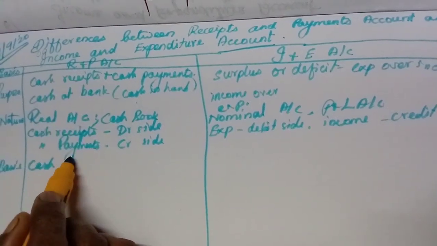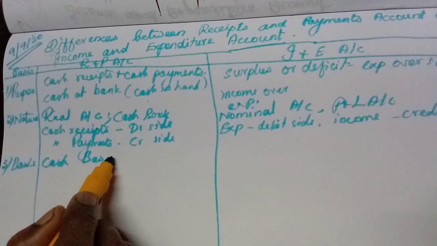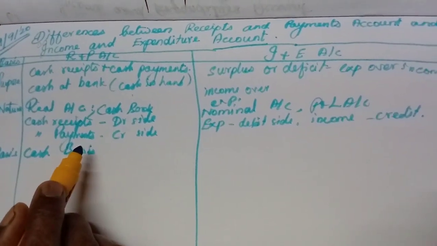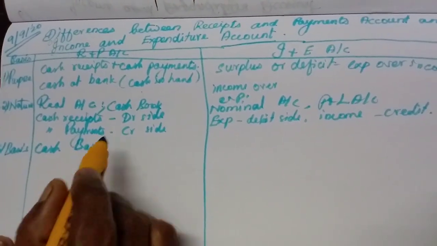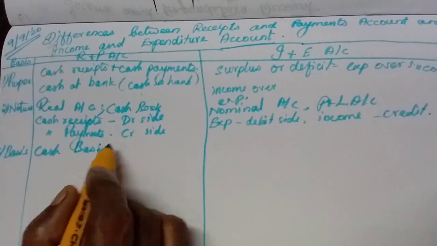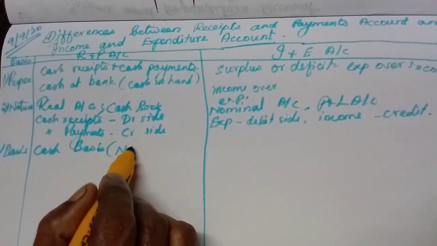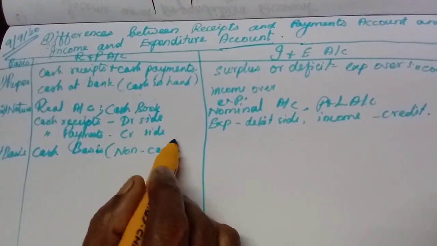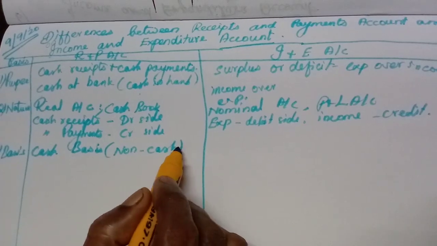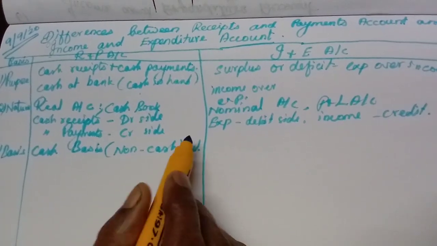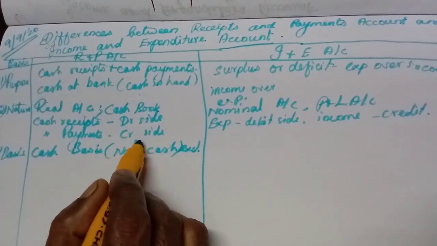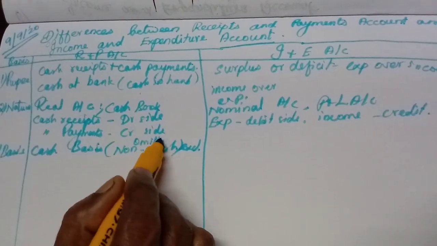Cash basis. Actual cash payments and actual cash receipts are entered. Here non-cash items are excluded. We never enter. We omit them.